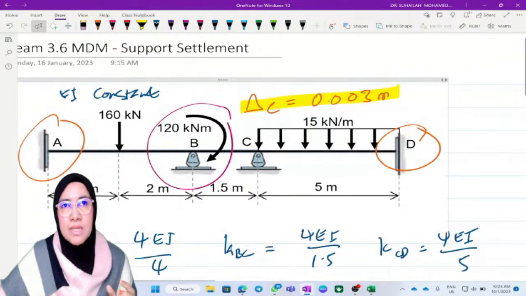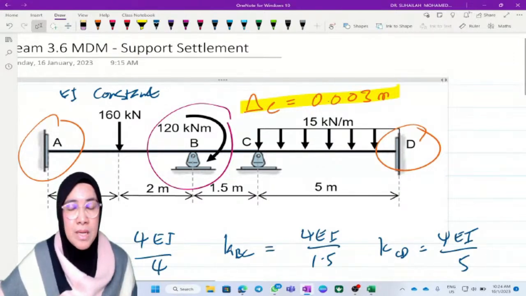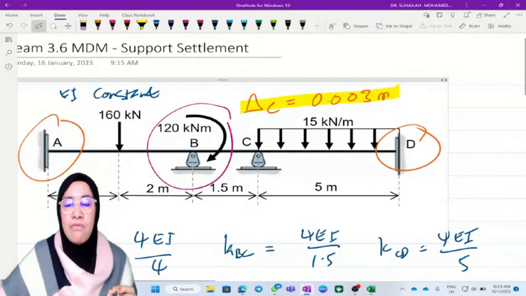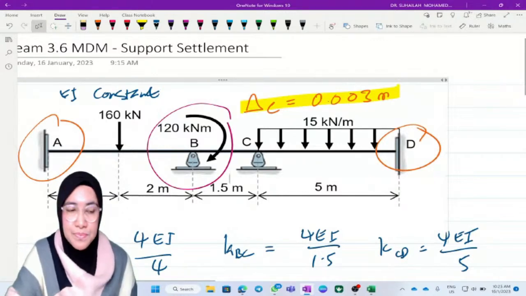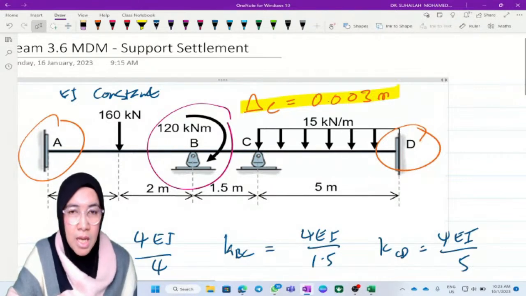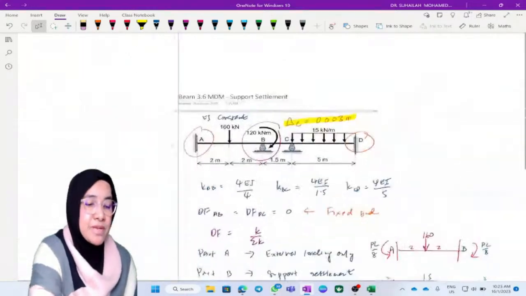The first thing to do, you have to draw the free body diagram, because we want to find the behavior after support settlement is considered.